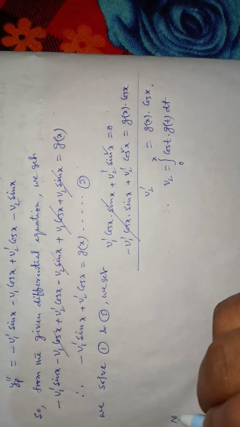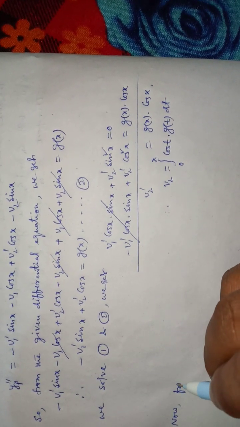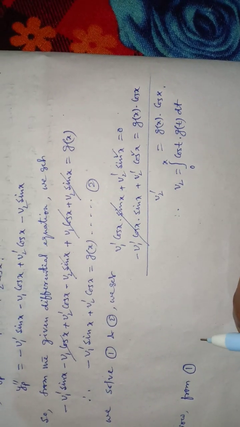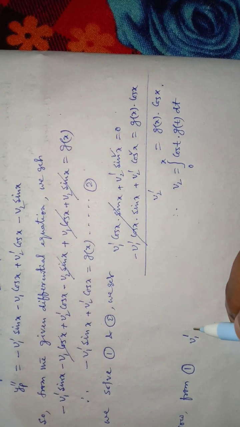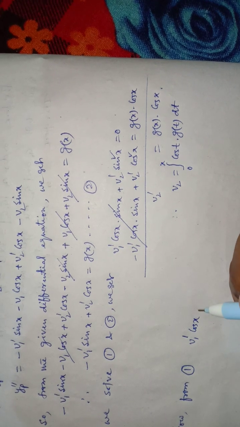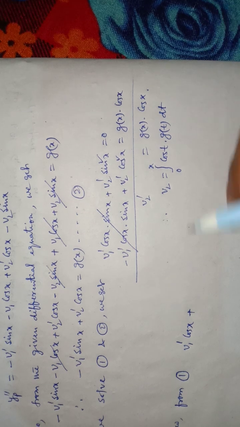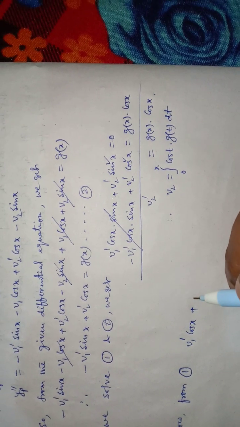Now from equation number 1, v1 dash cos x plus v2 dash sin x is equal to 0, with v2 dash being g of x into cos x.